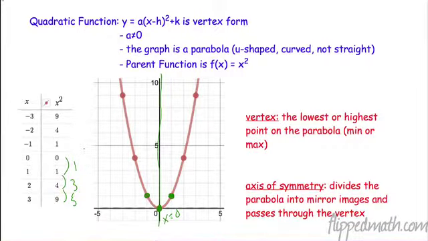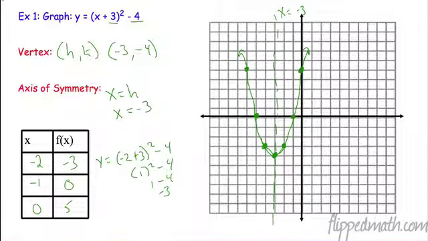Let's see another one. All right. We had x plus 3 squared minus 4. So our very first point was negative 3, negative 4. And then it went up 1, up 3, up 5. 1, 3, 5.